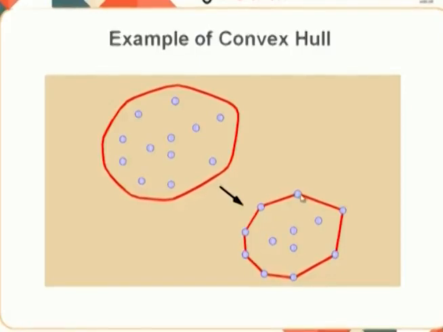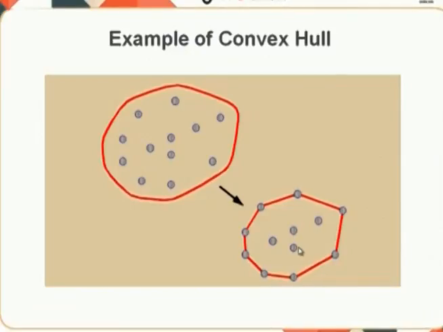These points are called extremal points, and these points form the vertices of the boundary of all these points. These internal points are not very important for the convex hull and can be omitted.